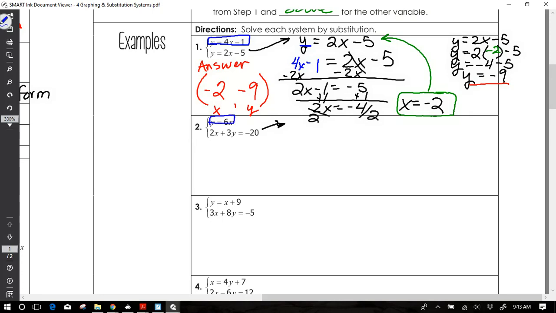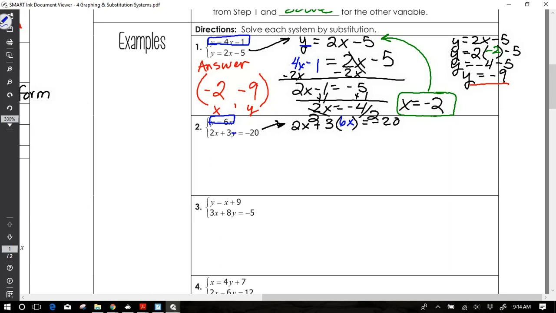So I am going to replace the y with 6x when I rewrite this. So 2x plus 3 parenthesis equals negative 20. And I am going to plug in the 6x instead of the y.